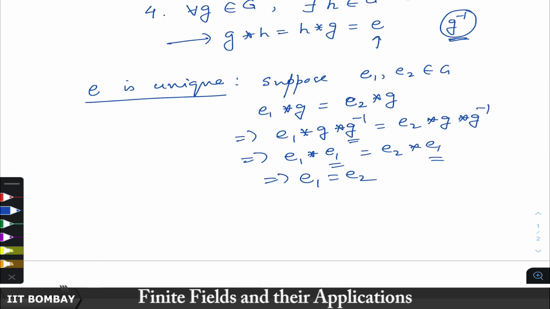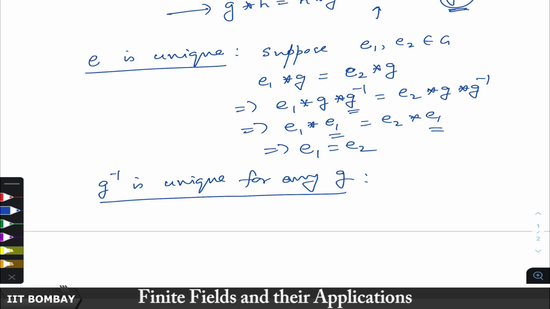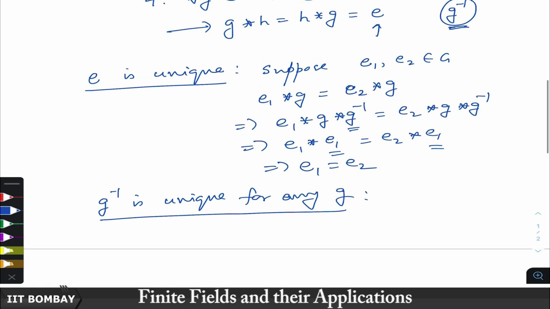Okay. So, E is unique, there cannot be two distinct elements. Now, very similarly one can say that G inverse is unique for any G. Now, why is that?